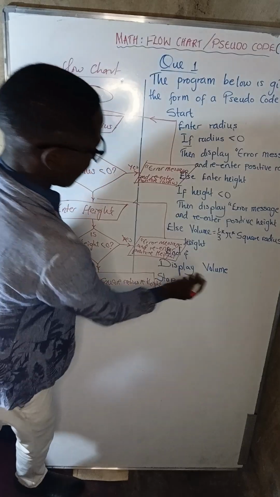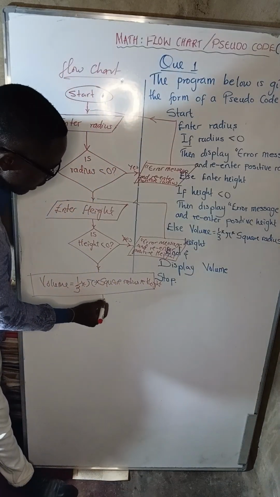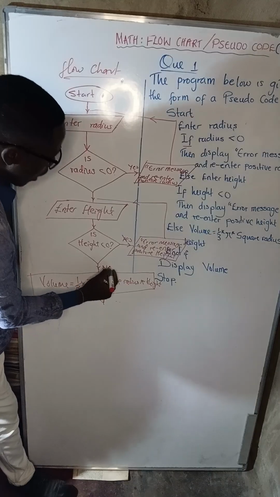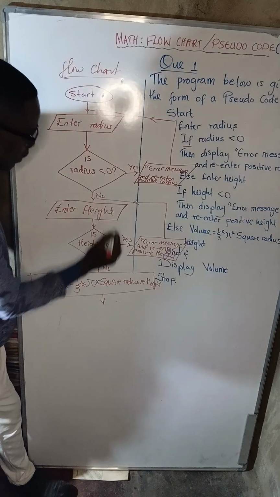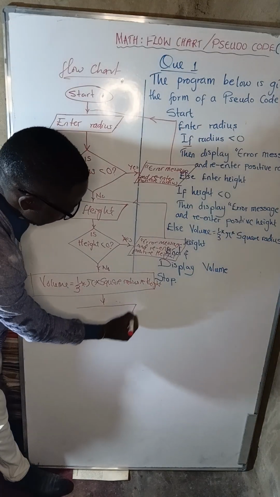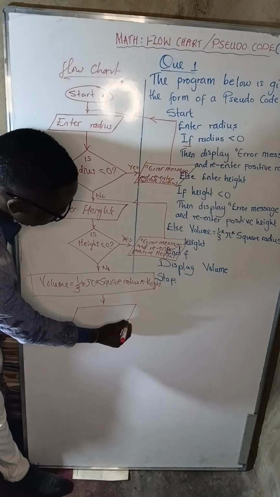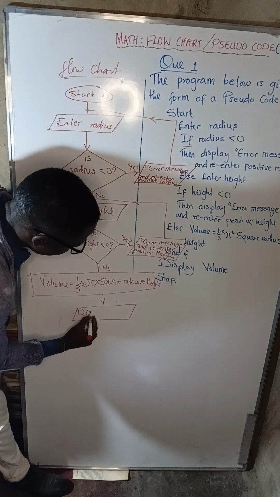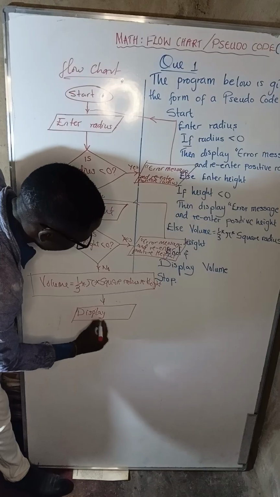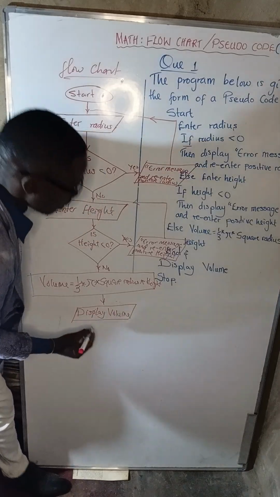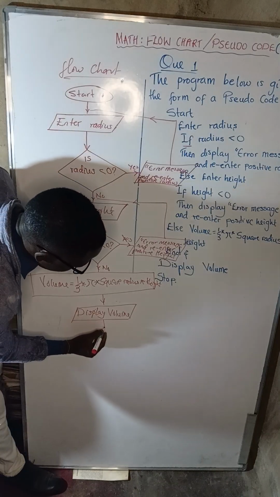Then now here they're saying display. Once you see display, what do you need to have? Sorry, I've forgotten the no here. Okay, so according to this, we are going to have the displayed part of the end if. And if they have said you need to display volume, you display the way it is, never change anything. Then lastly, we are having stop.